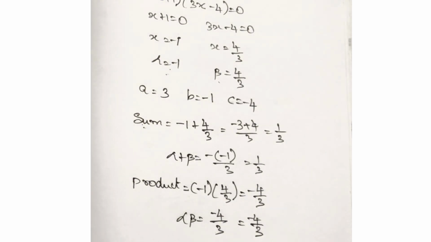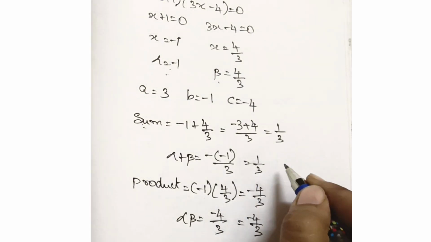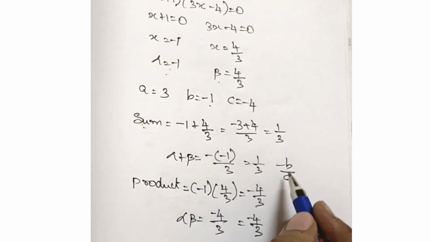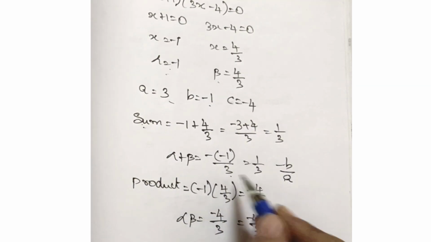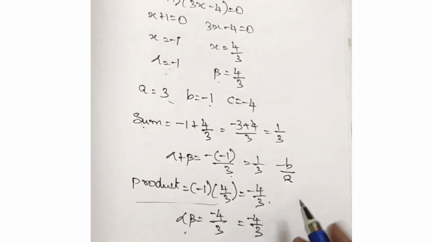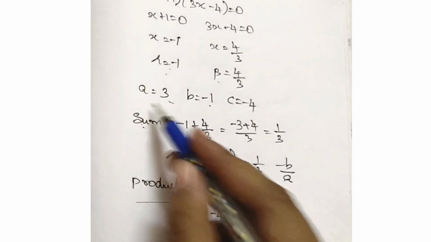And the relationship alpha plus beta equal to minus b by a. So what is b? b is minus 1. What is a? a is 3. And the product of the roots is minus 4 by 3. Alpha beta equal to c by a. What is c? Minus 4. a is 3.